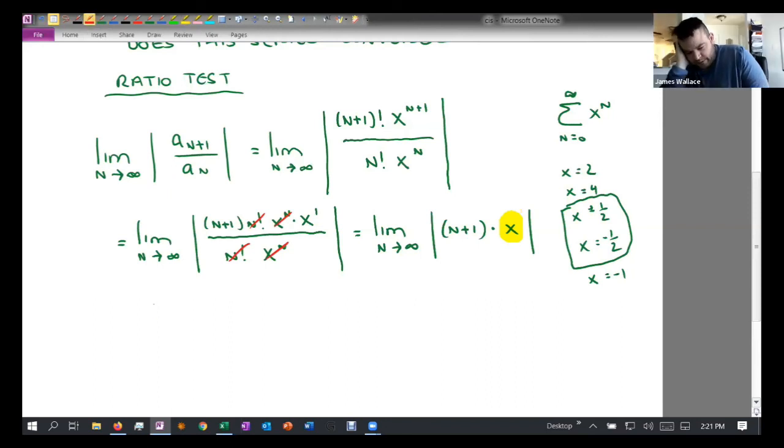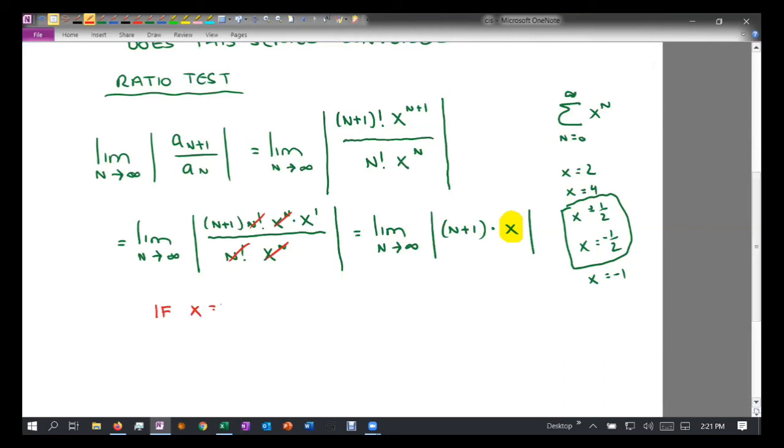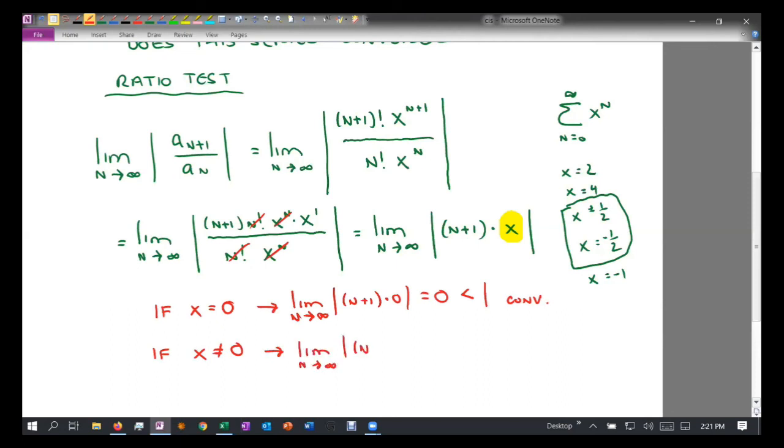So I'm going to state that if x is equal to 0, then the limit as n goes to infinity of n plus 1 times 0 will equal 0, which is less than 1, which means we have convergence. But if x is not 0, anything other than 0, then that limit, as n goes to infinity, of n plus 1 times x will diverge.